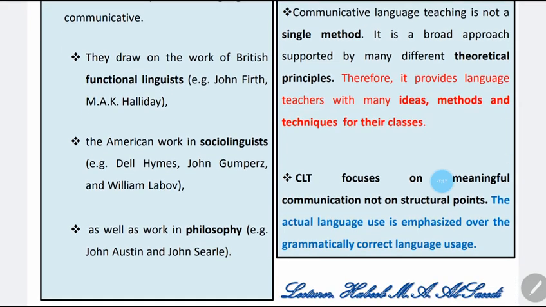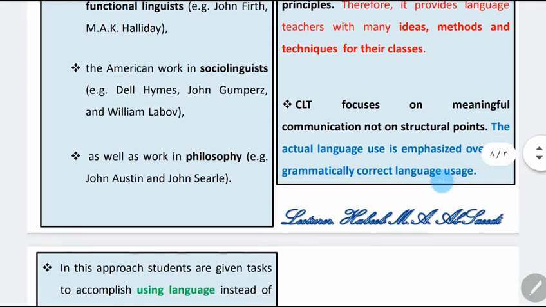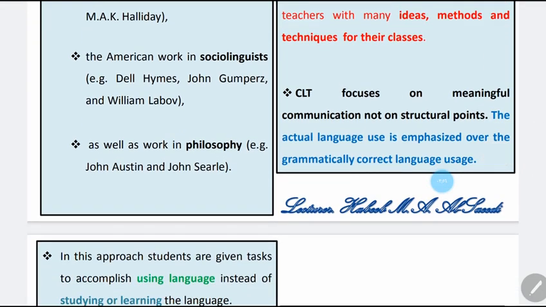I mean, the class will have different activities, different ideas, different methods that the teacher can use to make his class active and make students learn the language quickly.